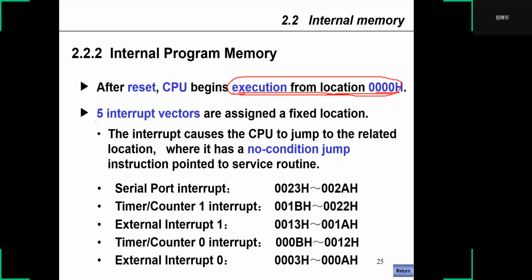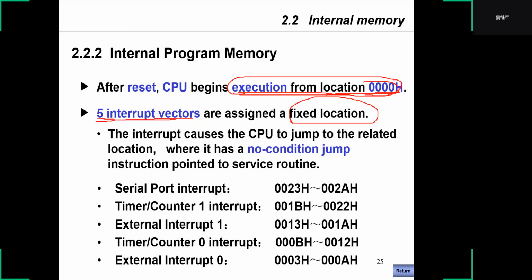Next, five interrupt vectors are assigned to fixed locations. 0 is fixed for the main program, and 3 onward is the fixed location for the interrupts.